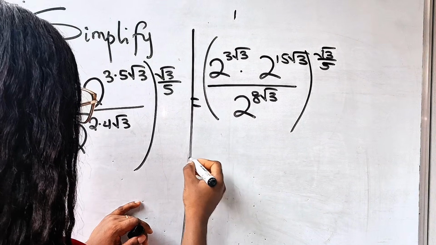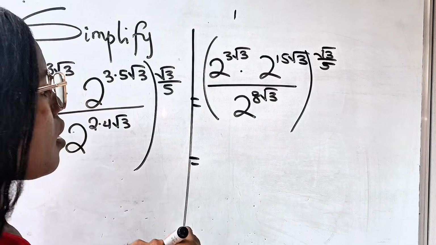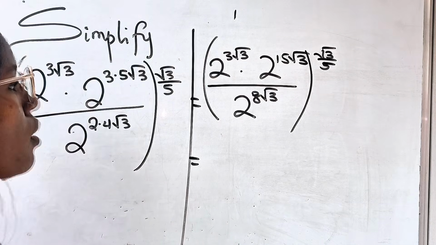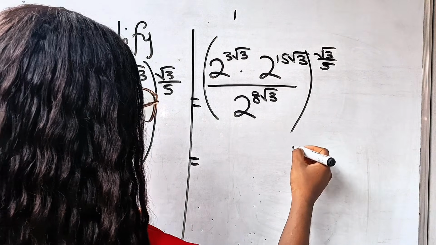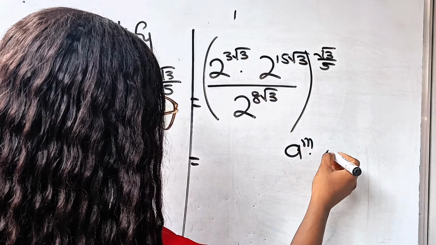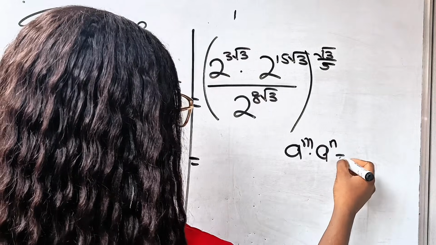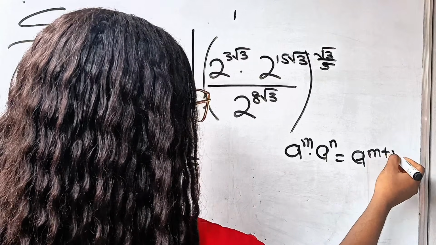So this will be equal to, now let's recall that a to the power of m multiplied by a to the power of n is equal to a to the power of m plus n.